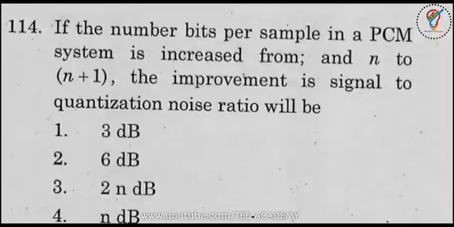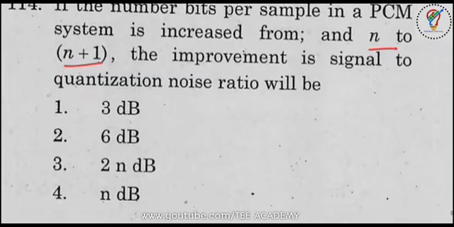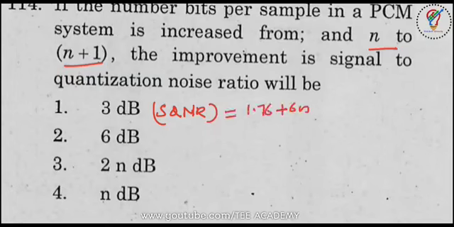If the number of bits per sample in a PCM system is increased from n to n plus 1, the improvement in signal to quantization noise ratio will be. The signal to quantization noise ratio formula is 1.76 plus 6 into n, in terms of dB.